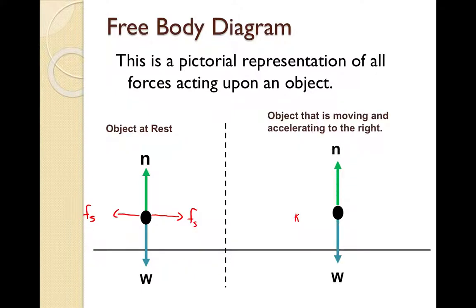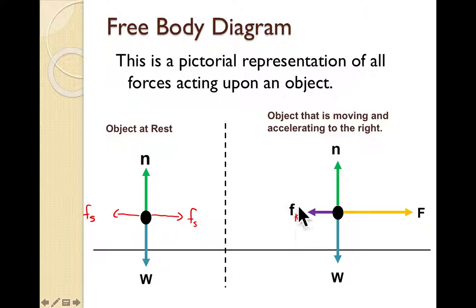This example shows we have something that is moving and accelerating to the right. We know it's accelerating to the right because this force, capital F, is larger than the kinetic friction force. So objects accelerate in the direction of the net force, so it's going to accelerate to the right. We also know it's moving because this is an FK.